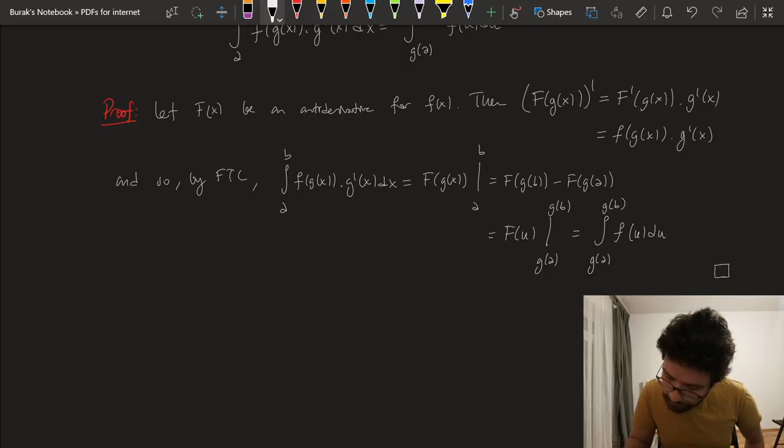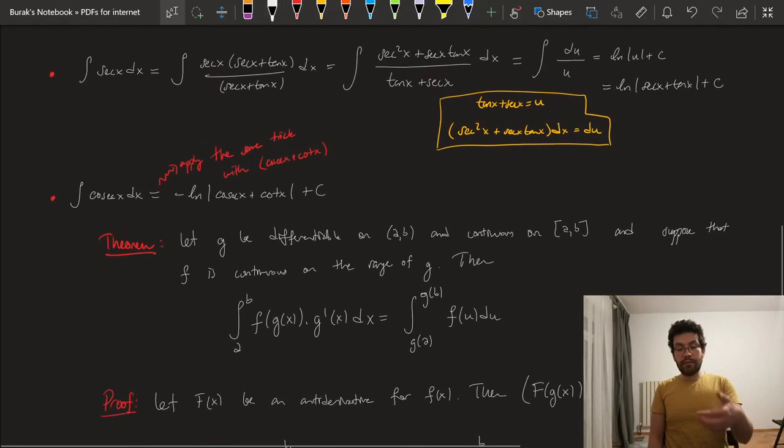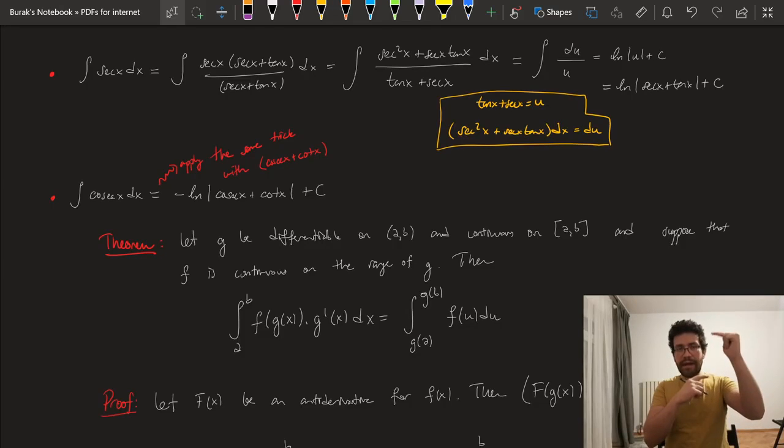What this theorem tells you is that you can just apply the substitution method for definite integrals just like you're applying it for indefinite integrals, except in a definite integral you have the upper and lower limits, right? Because it's a definite integral. What's the definition? You're constructing these sums. You have to have an interval at the beginning to start with, and when you apply a substitution, that interval will change.